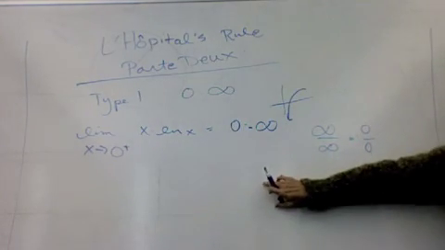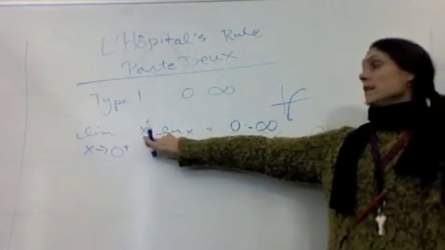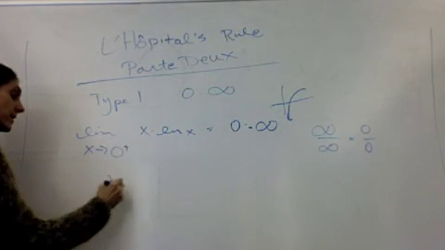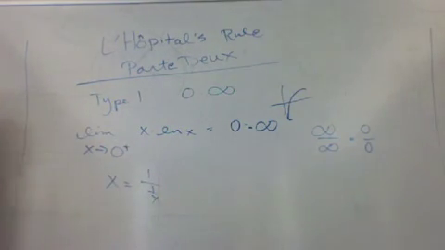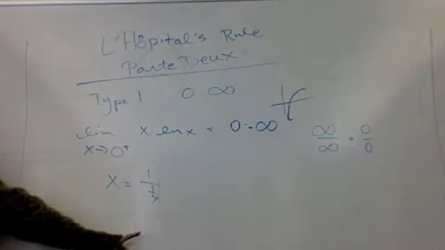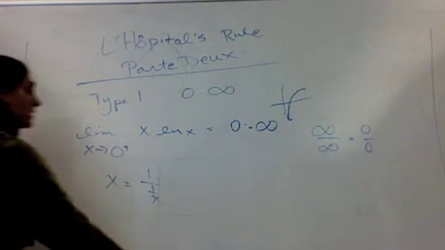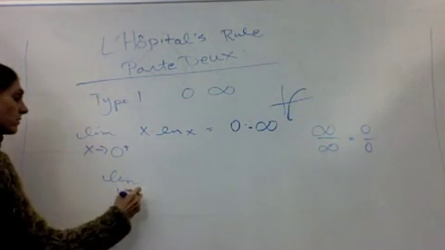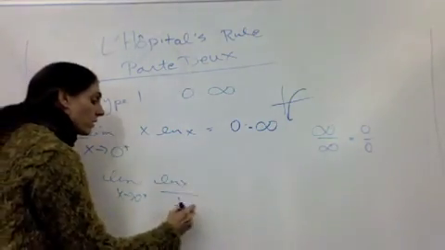We're going to do the same thing here. We take this value and make it infinity by writing x as 1 over 1 over x, the numerator becomes the denominator. So I'm going to rewrite this as the limit as x goes to 0 from the right side of ln of x over 1 over x.